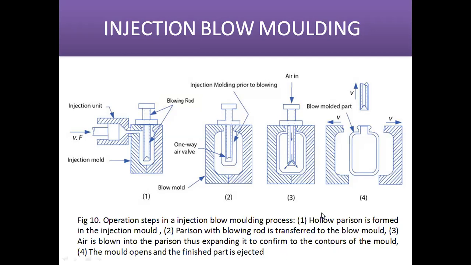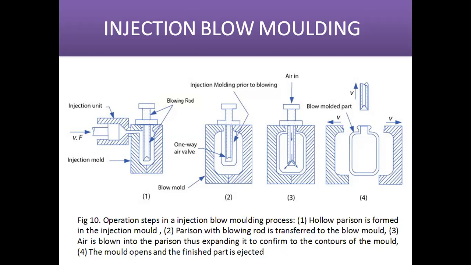So the first step is that the hollow parison is formed in the injection mold. Second step is the parison with blowing rod is transferred to the blow mold. Third step is air is blown into the parison, thus expanding it to conform to the contours of the mold. And step number 4 is the mold opens and the finished part is ejected.